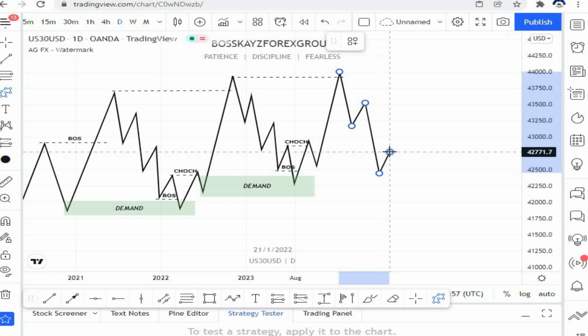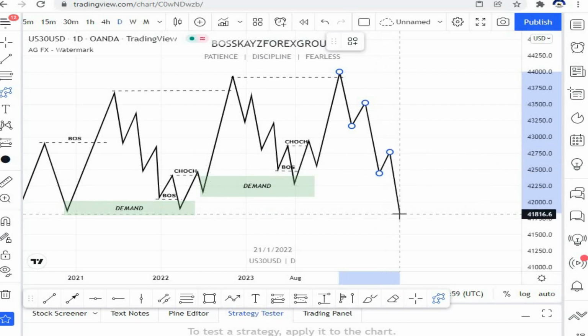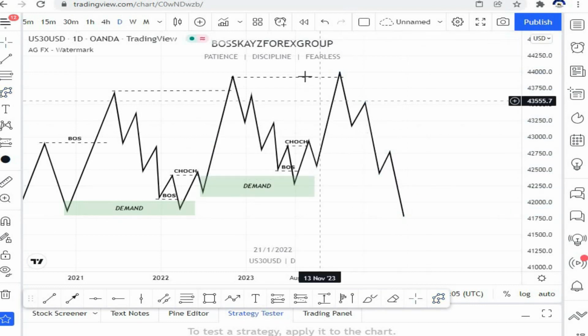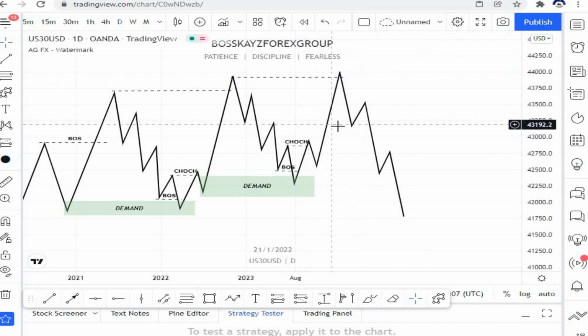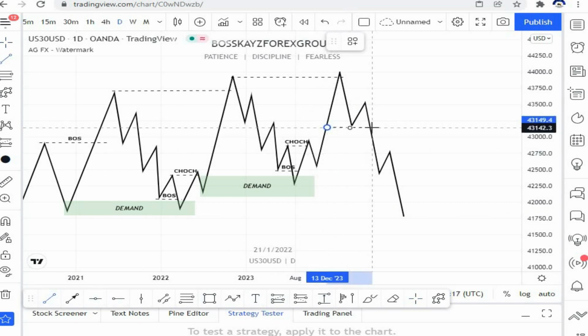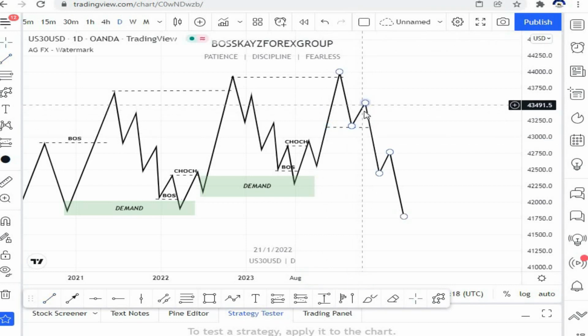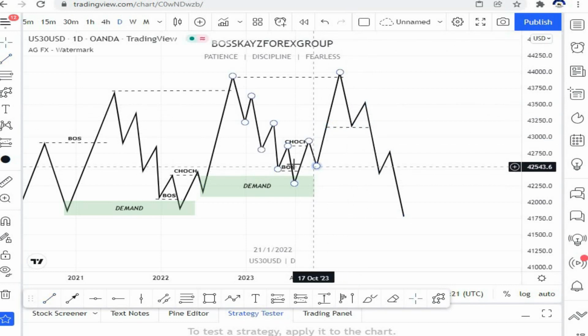Then it will do something like this, guys, and continue going down. The next thing you have to understand, guys, is that this was a break of structure, and this was a character of change. The character of change was made around this zone, because this zone was responsible for breaking this structure right there.